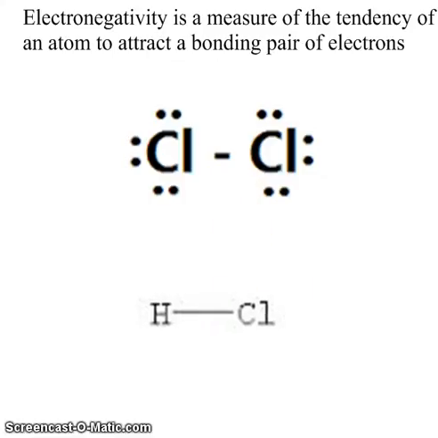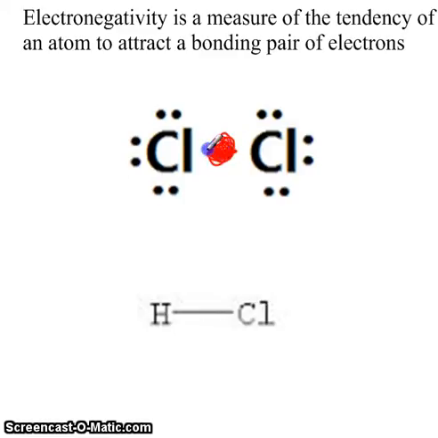Okay, so now what we have is a bond with two chlorine atoms. There's a single bond in between here, and let's keep in mind that a bond, this line, is actually representative of two electrons. Keep in mind that those electrons are in constant motion. They're not stationary.